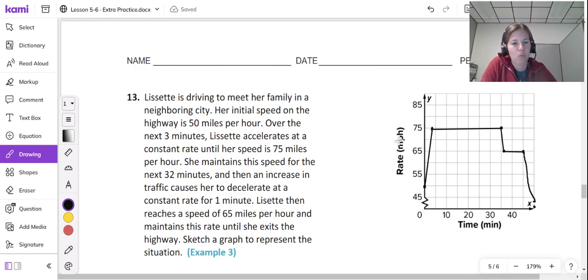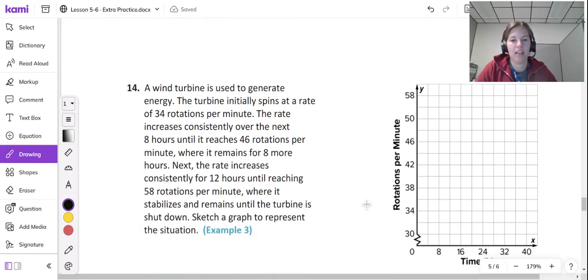Okay, then we can see here this is an increasing spot. This one stays the same, so it's a steady rate. Okay, this is decreasing. We have the same again and then decreasing again at the very end. Okay, I'll let you try that one on your own. Okay, and this is creating qualitative graphs.